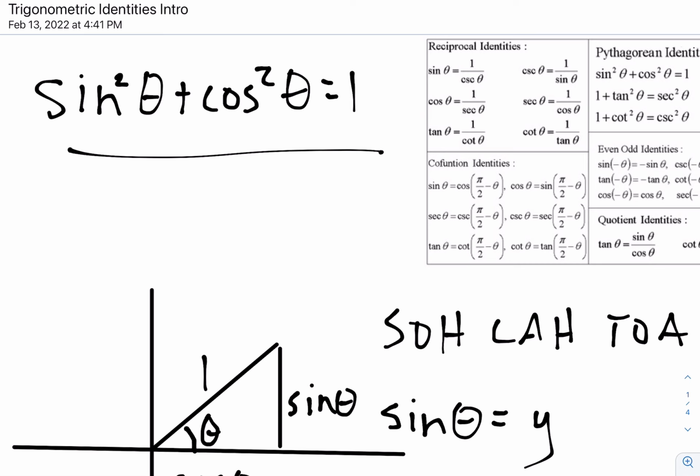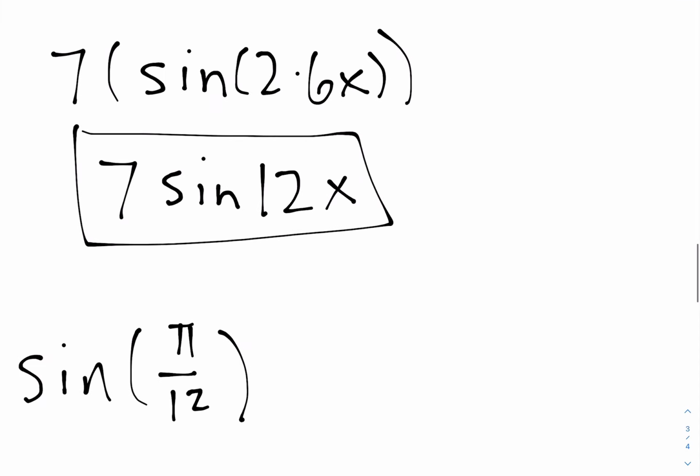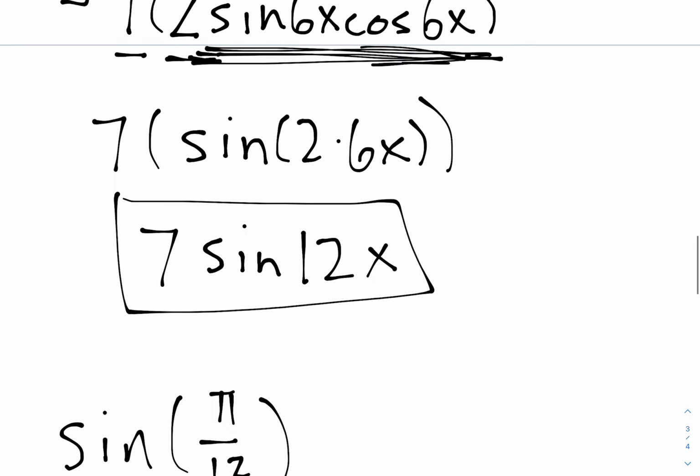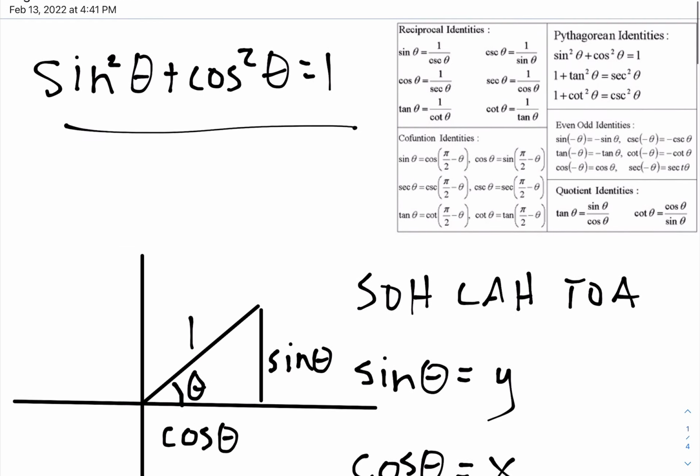You can figure out what theta would have to be, like pi over 2 minus what is going to equal pi over 12. We have to figure out what theta is and then just plug it in for cosine theta, and we can figure that out. We can do a couple of different things for different situations, but there's just too many, like I said, to go over. So that's the basic introduction into how we use identities.